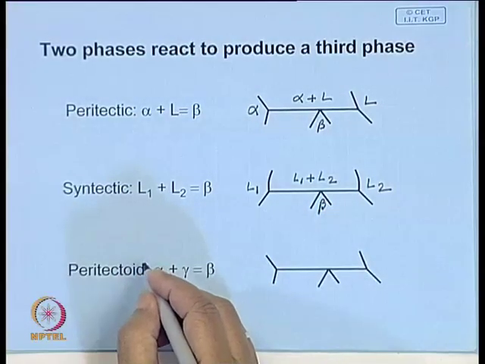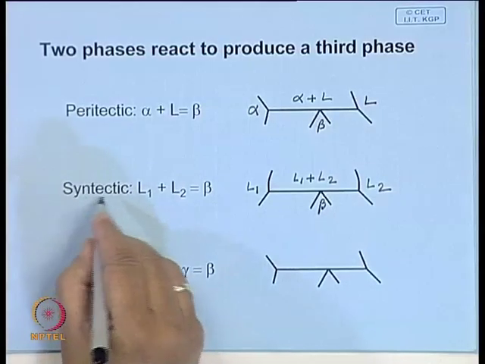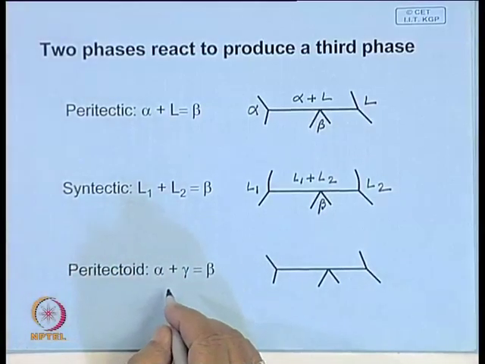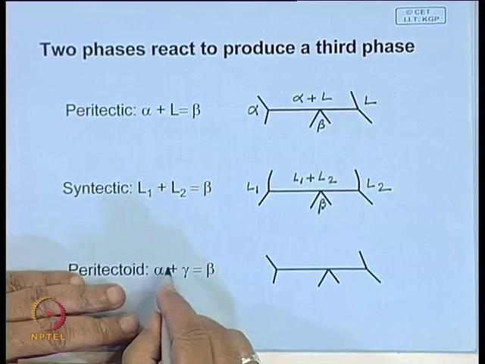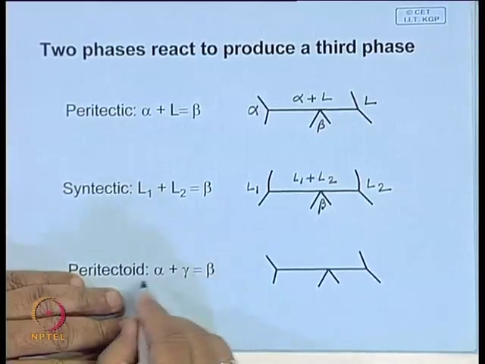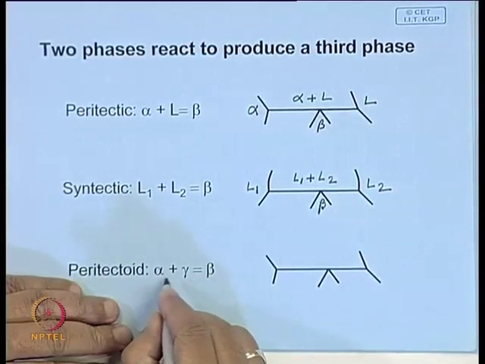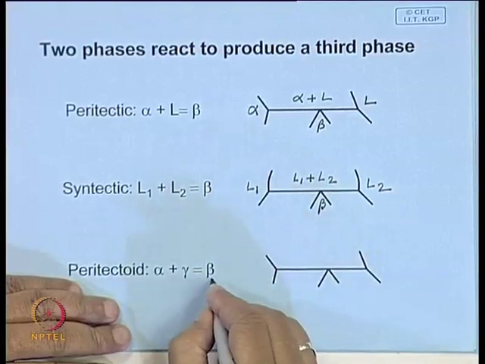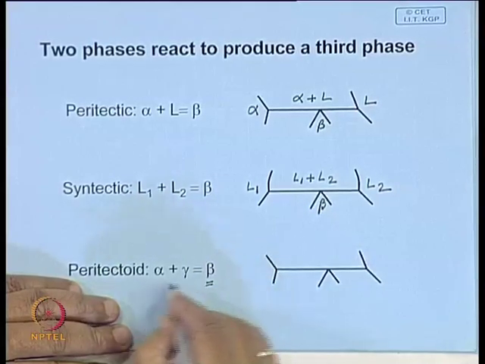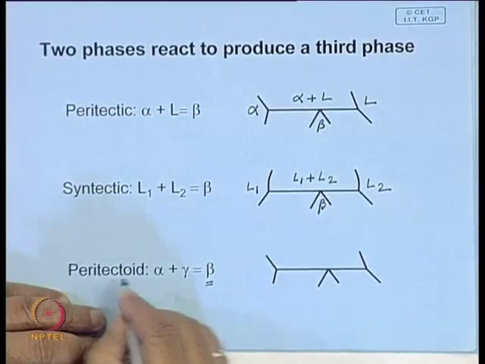So, this is a possibility and this is called syntectic reaction, and like eutectoid, it is also possible that two solid phases react and produce a third solid phase, and this is called peritectoid.